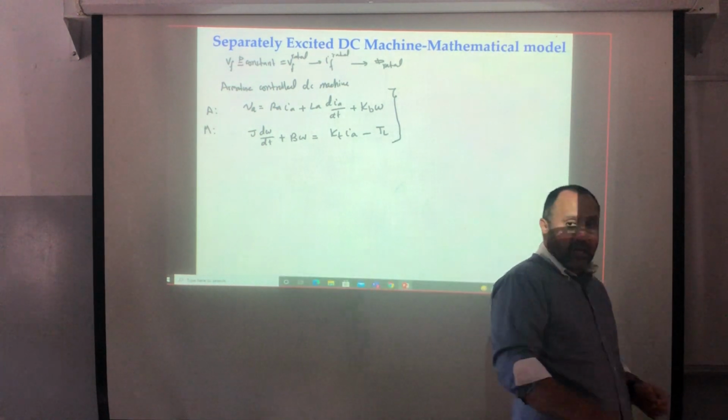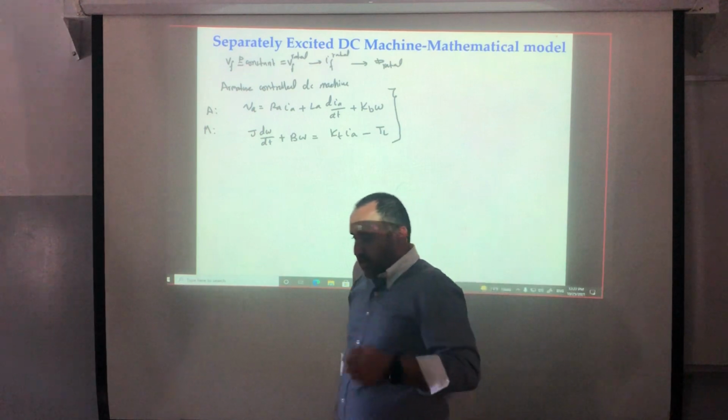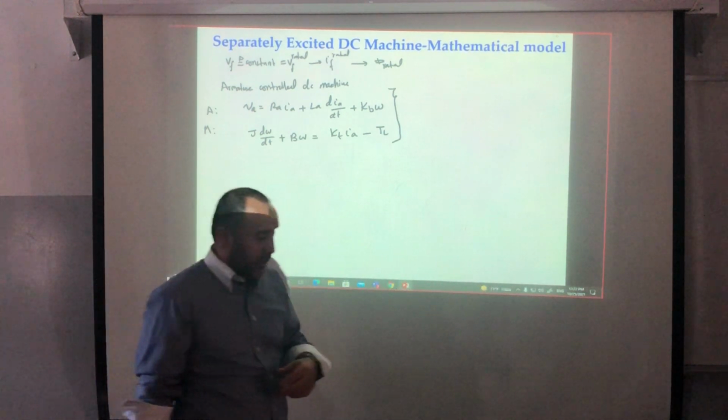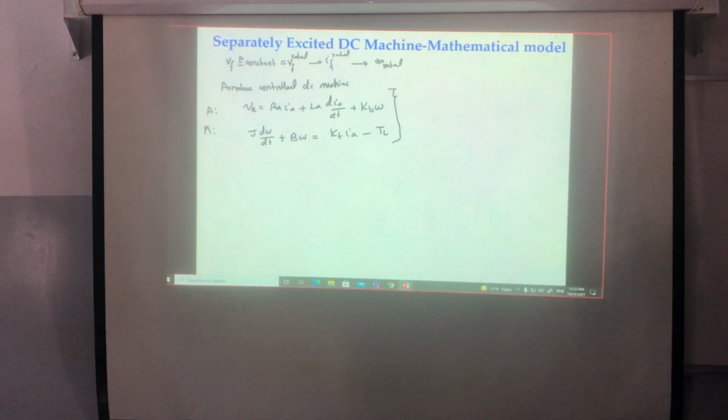Then I must make the coefficient of the highest derivative equal to 1. So this is very simple. Here I can say dIA by dt will equal minus RA over LA, don't forget the minus, as I'm rearranging the equation.